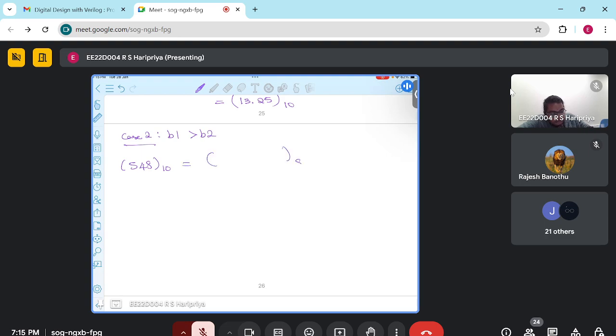What will be the equivalent in octal? So we will perform the division with the base that we want, 8. This is from decimal to the required base. So the remainders are 4, 4, and 0. And while writing, we should write in this order.